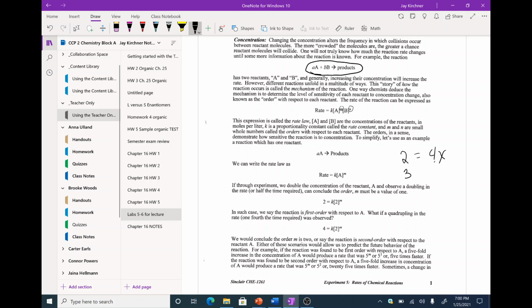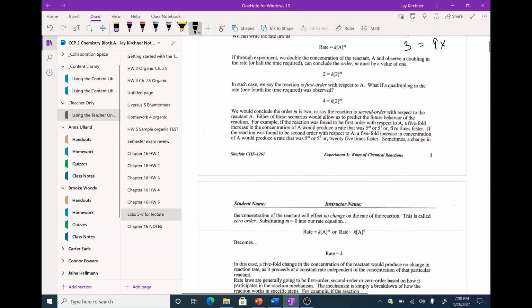If you increase by 3-fold and it goes up by 9-fold, you get the idea. If you increase it by 2-fold and it only goes up by 2-fold, then you know it's basically order 1. So that's kind of what we're doing again. You're doing some of these reactions, which I'll give you the data for, and you're trying to figure out the order of the reaction.